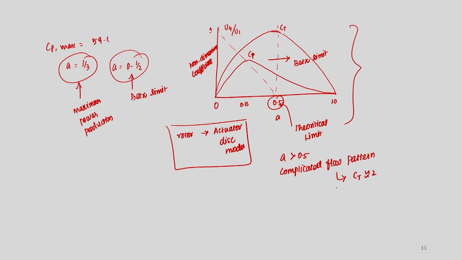Here it is not 10, it is 1.0, that is 1, and this non-dimensional coefficient is also 0 to 1, but it may go to Ct of 2. What are the reasons for that? The reason is there would be a rotation of wake formation behind the rotor.